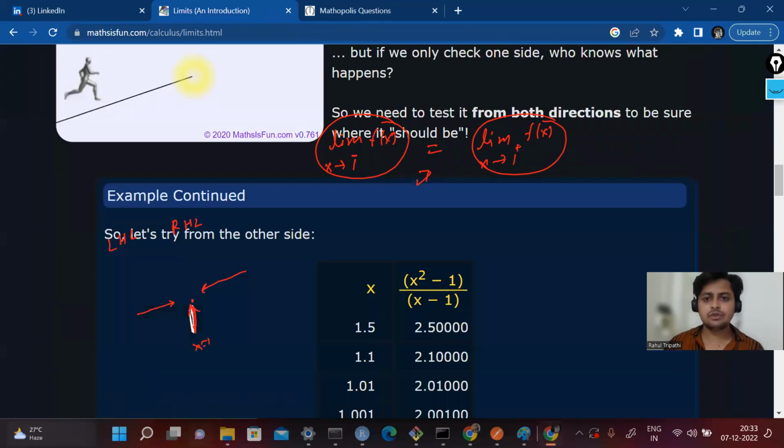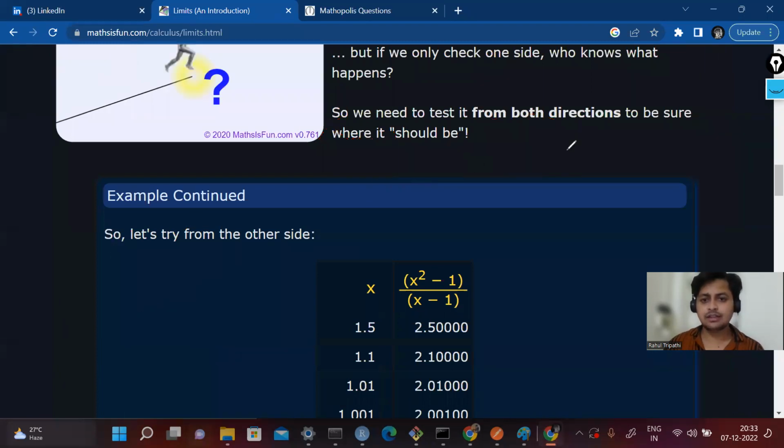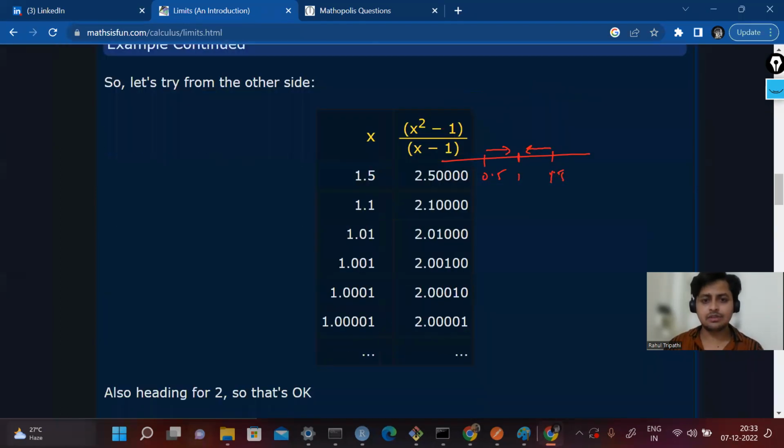Now see what we can say. We are testing it from here. This is 1, this is 0.5, and this is 1.5. We test it from this side, and now we will test it from this side. You can see the answer will be the same. We are testing different points. The closest point to 1 will be 1.0001, and the answer is 2.